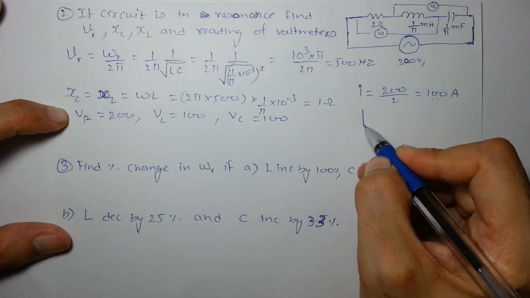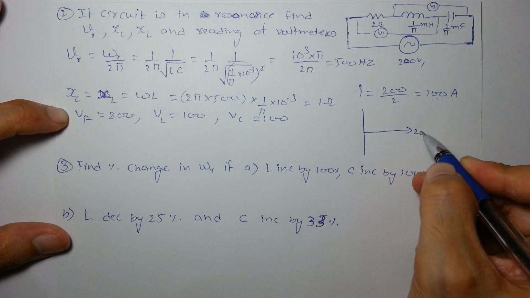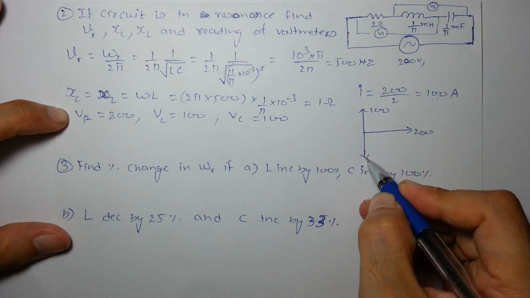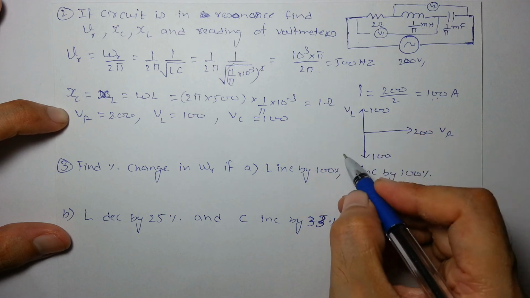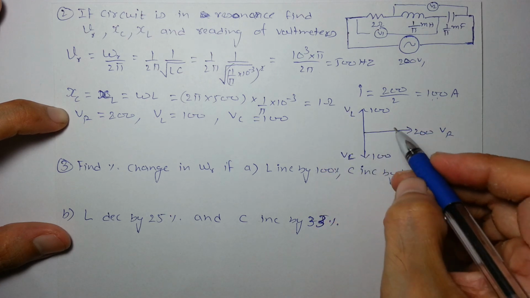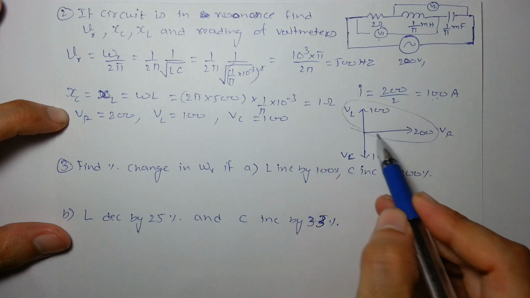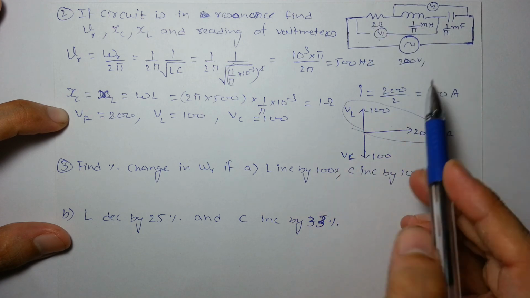So just by drawing their phasor, this is 200, this is 100, and this is also 100. VR, VL, VC. So V1 is the resultant of VR and VL.